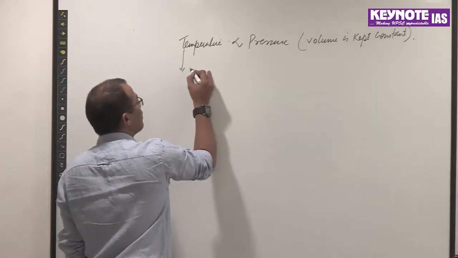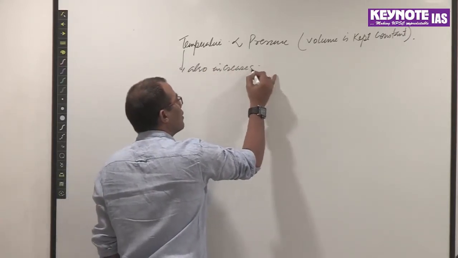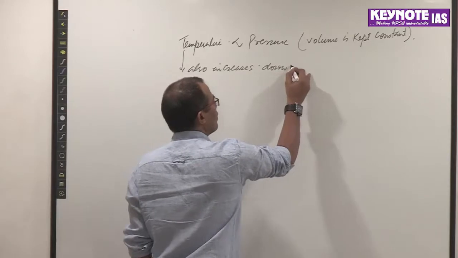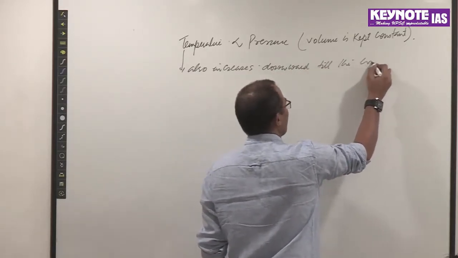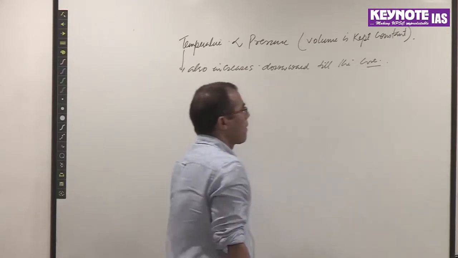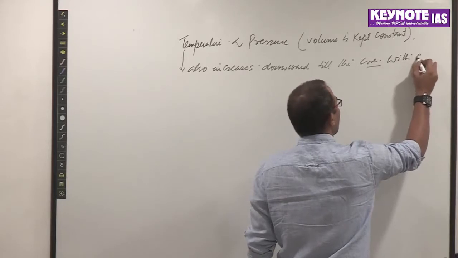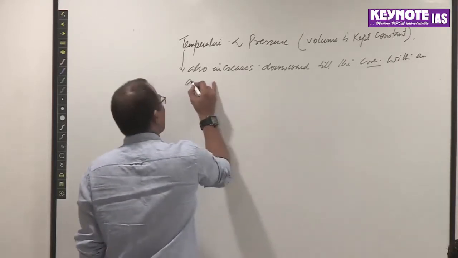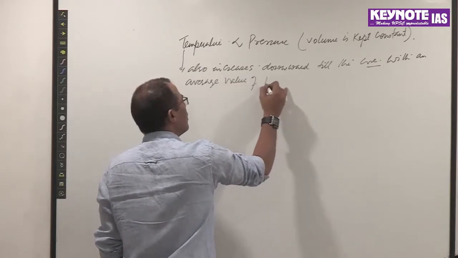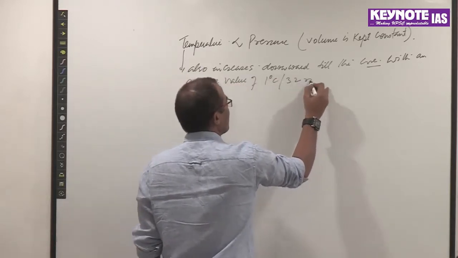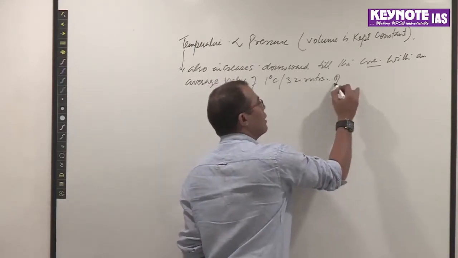So temperature also increases downward till the core with an average value of 1 degree Celsius for every 32 meters of depth.